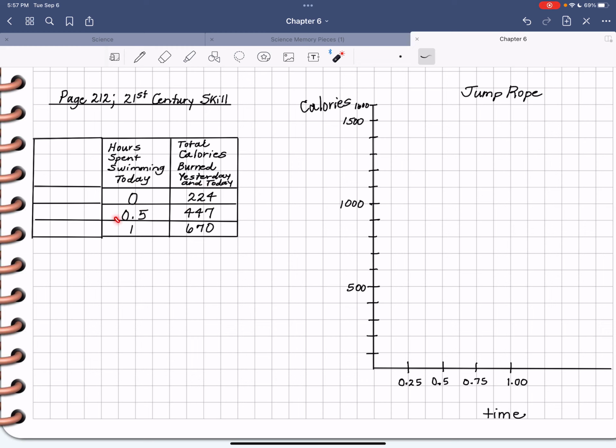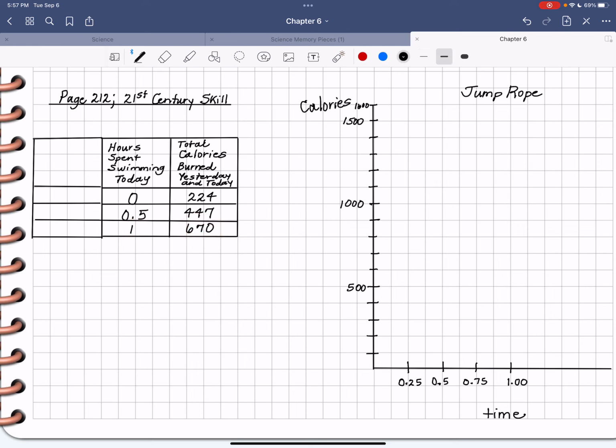If he swims half an hour today, he will have burned a total of 447 calories. And if he spends 1 hour swimming today, he will have burned a total of 670 calories.